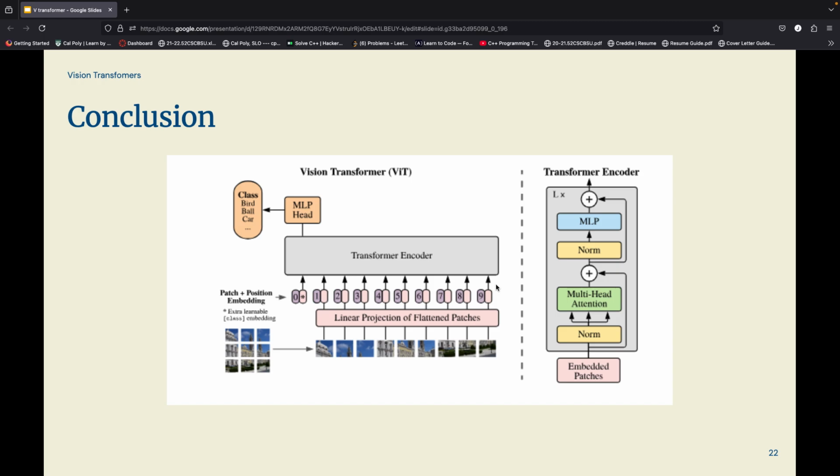Hopefully you learned a lot from this crash course, and hopefully the takeaway from this is that transformers are not quite there in terms of taking the spotlight from CNNs.